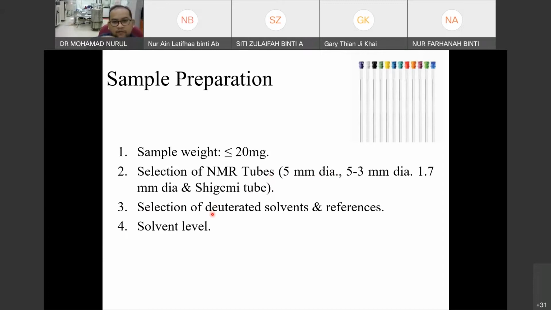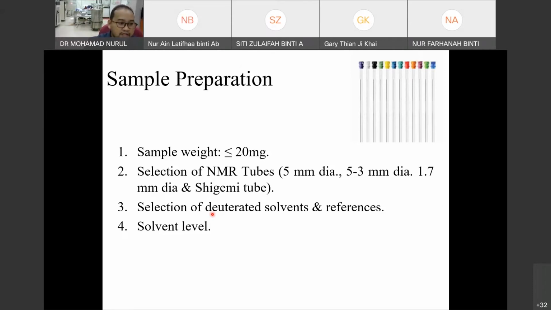For example, you have to do a solubility test for all the samples that you want to submit. And anybody doing metal complexes, make sure you understand the nature of the metals, whether they are paramagnetic or diamagnetic, because if the metal responds to the magnet, it doesn't give any result for your spectrum.